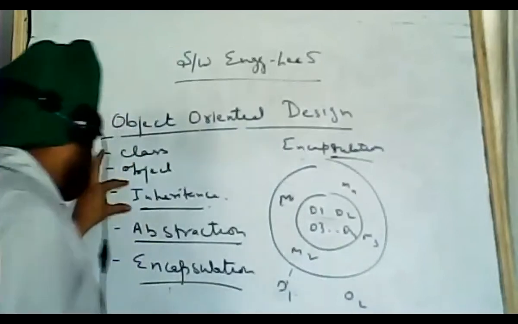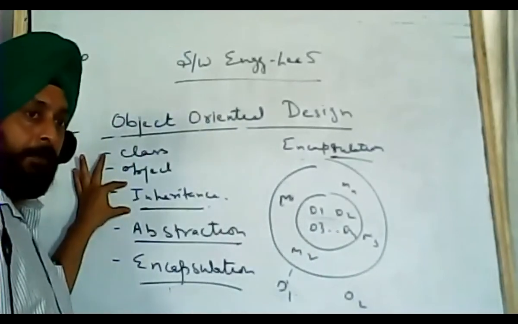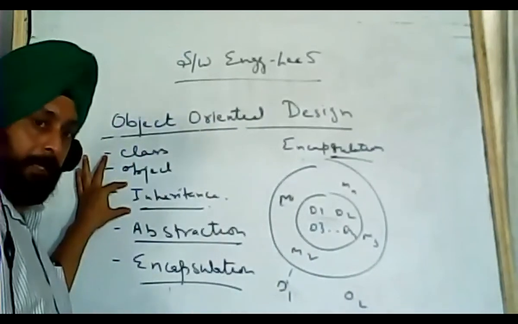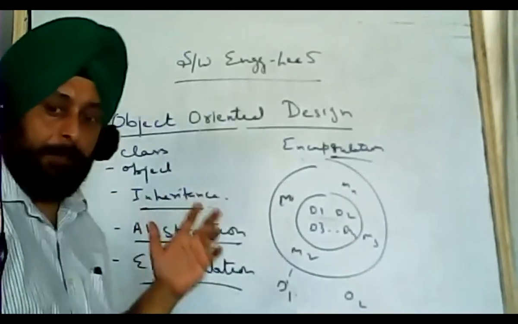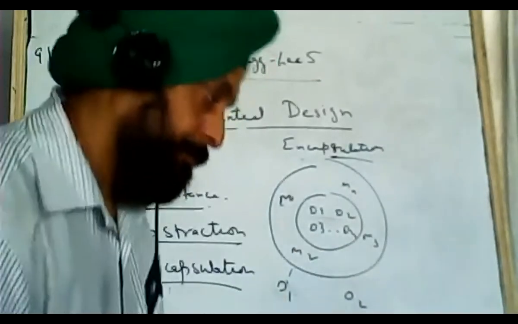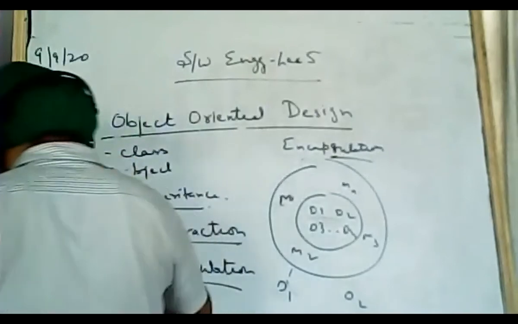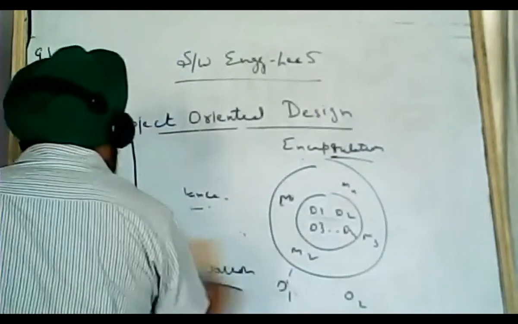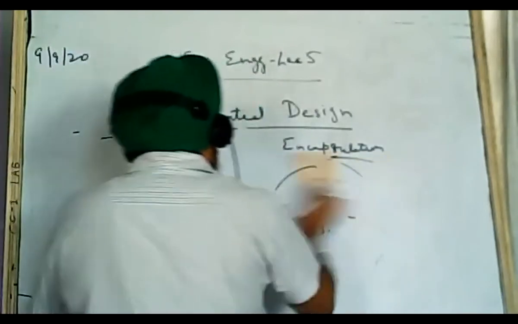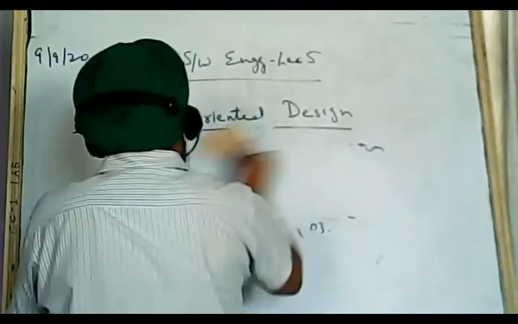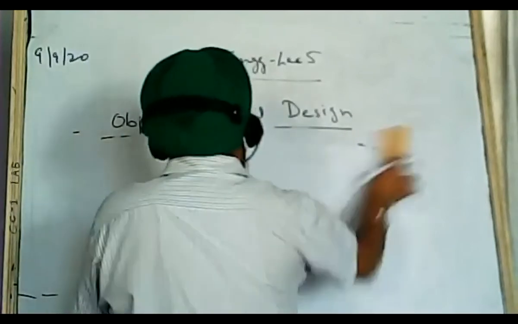Now there is not only one type of relationship; there are different types of relationship between classes. So let us see what the different types of relationship are. Relationship means how one class is associated with another class.